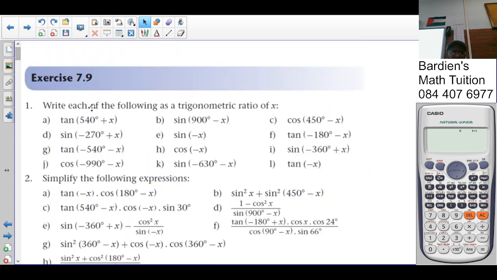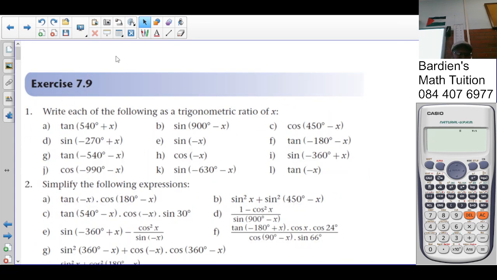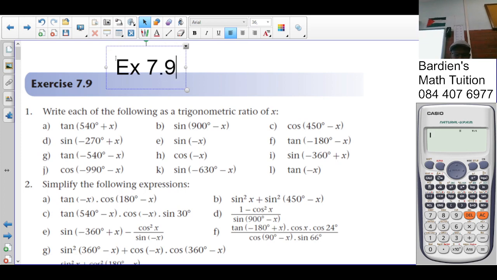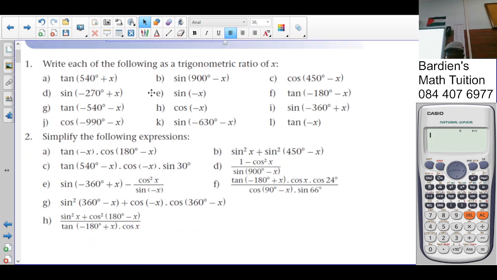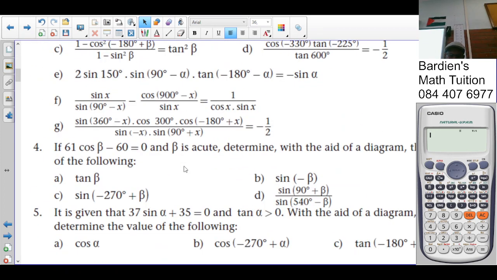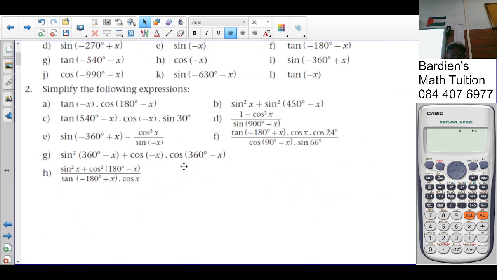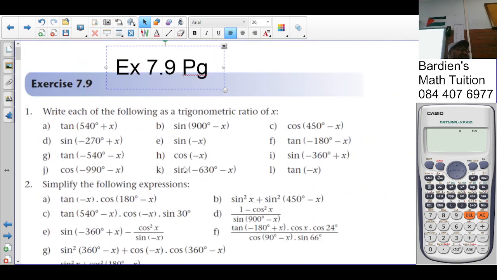You had exercise 7.9 for homework. Exercise 7.9. This was on page... Sorry? Just give me a moment to get back to it. Sorry? 243.